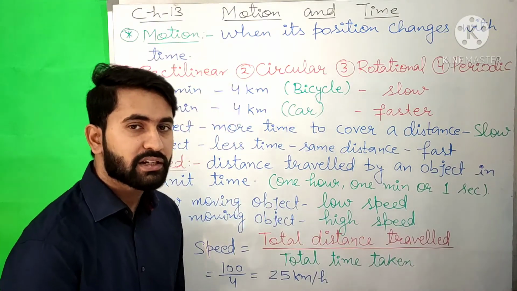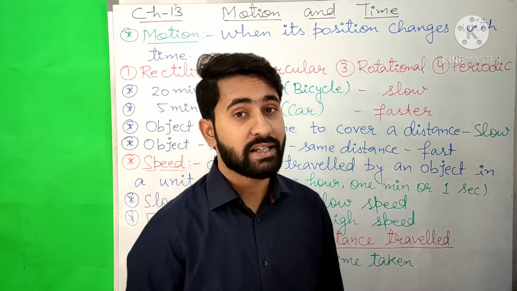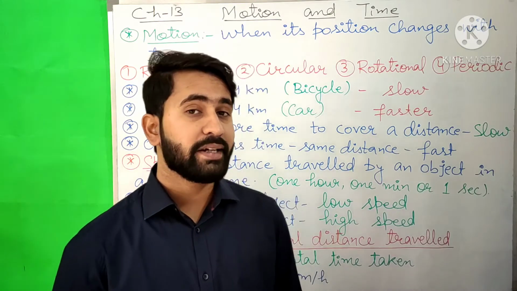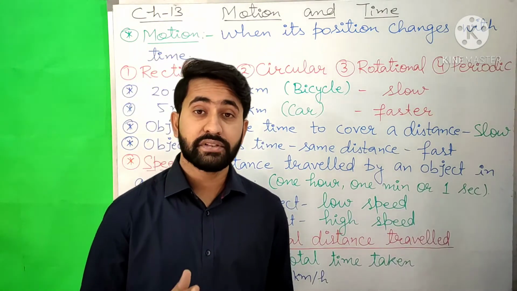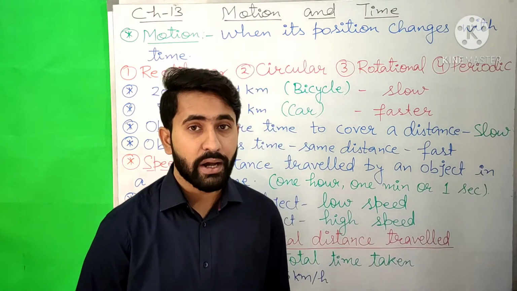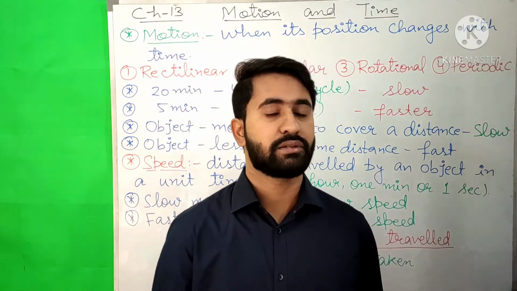So an object which is moving with high speed will cover the distance in less time. So the speed of an object gives us the idea how fast or slow an object is moving. Now, how can we calculate the speed?